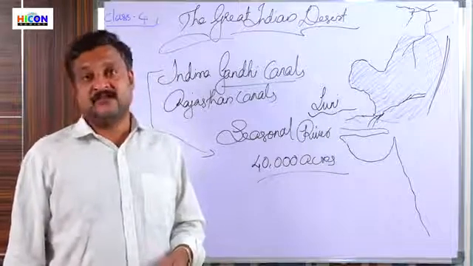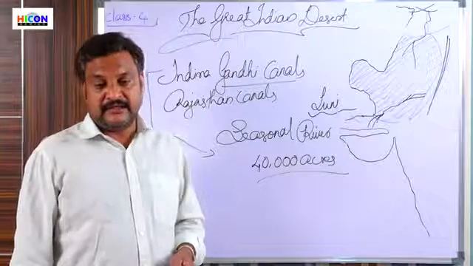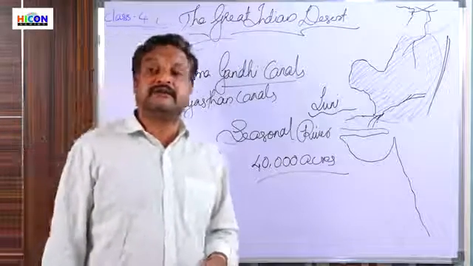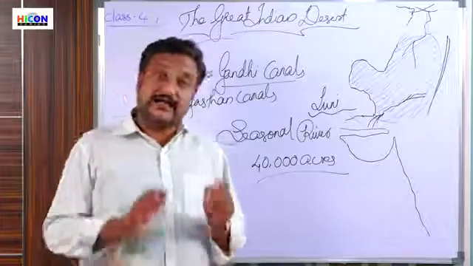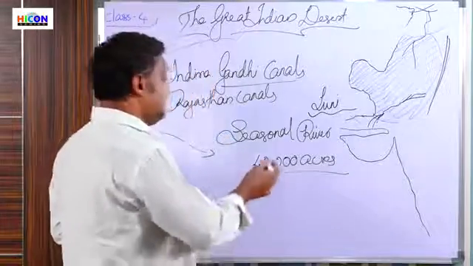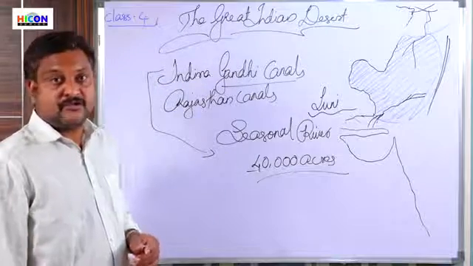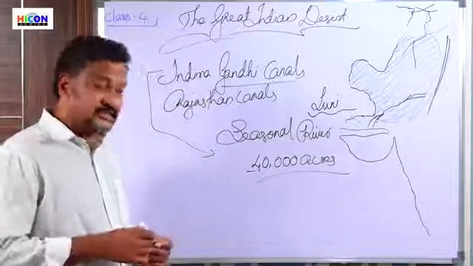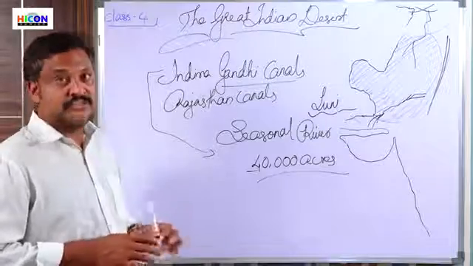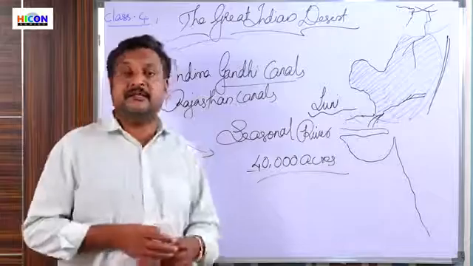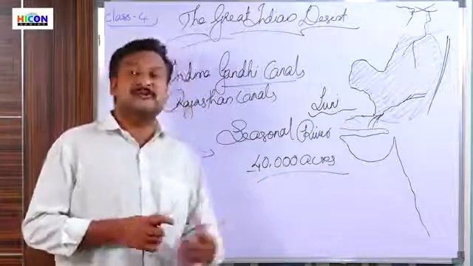Suratgarh is a place where the government has started its own wheat cultivation area. That wheat cultivation area, irrigated by the Indira Gandhi Canal or the Rajasthan Canal, is 40,000 acres.